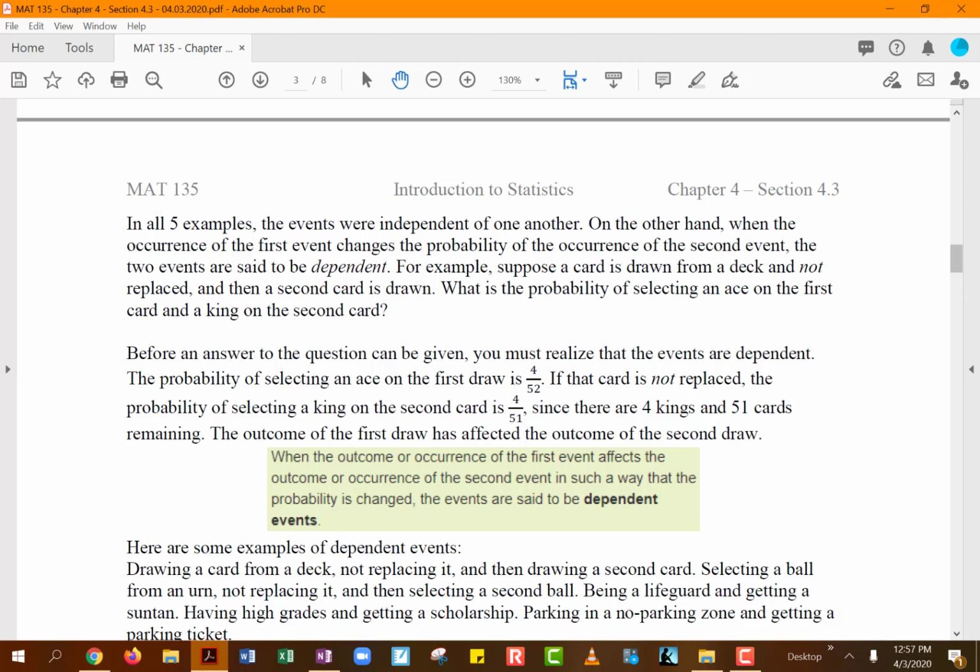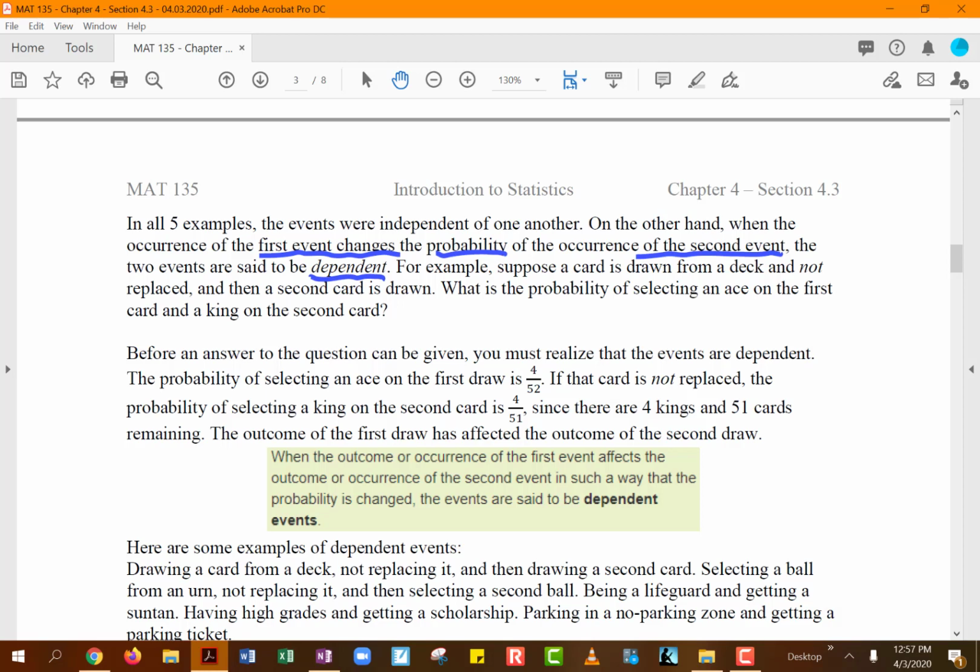But on the other hand, when the occurrence of the first event changes the probability of the second event, then we would say that the 2 events are dependent.